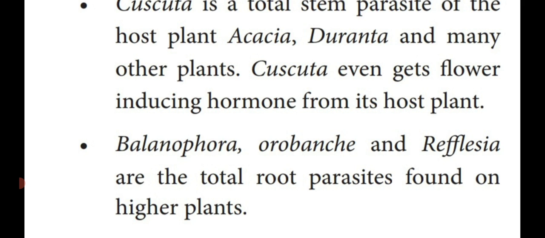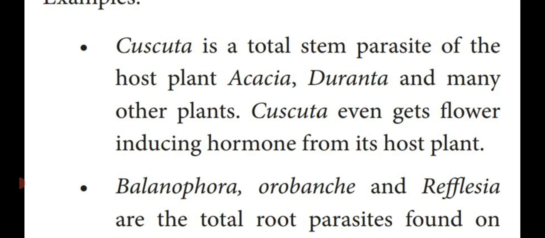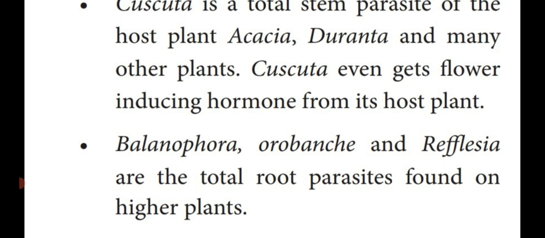So these are all the best examples of total root parasites. Cuscuta and Viscum are the best examples of stem parasites. Out of these two, Cuscuta is said to be a total stem parasite. Viscum is said to be a partial stem parasite. Other examples, Balanophora, Orobanche, Rafflesia, are total root parasites.